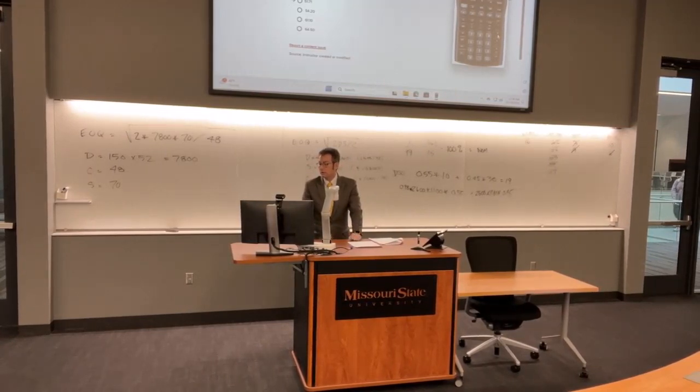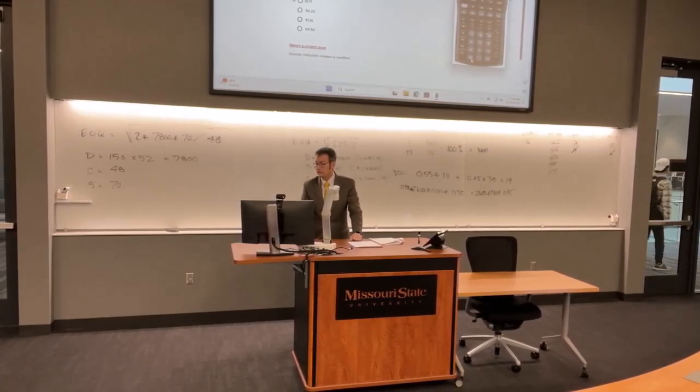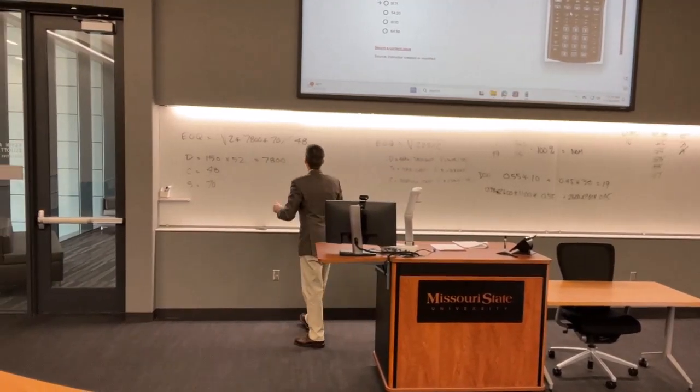Two times 7,800 times 70 equals, divided by 48 equals. What should I do next? Square root.